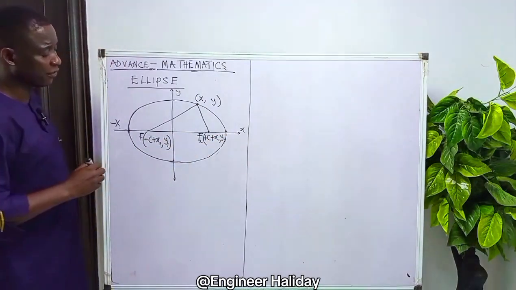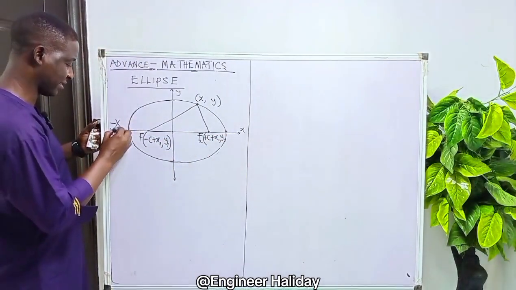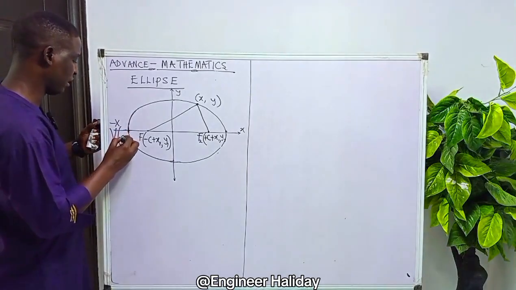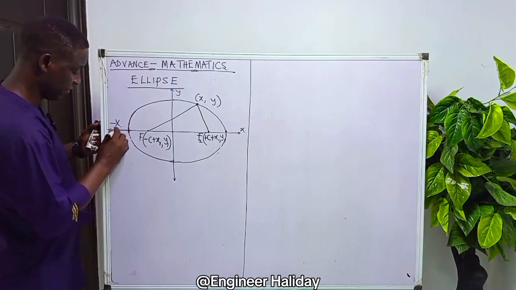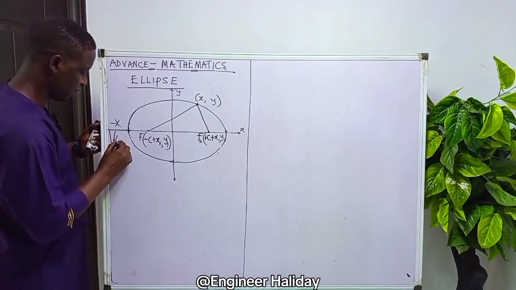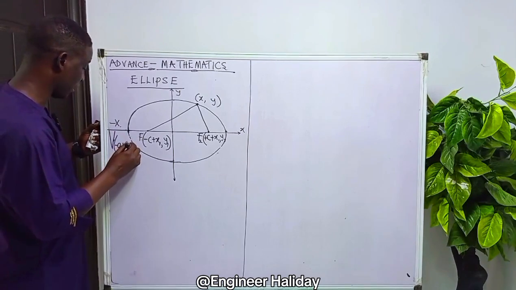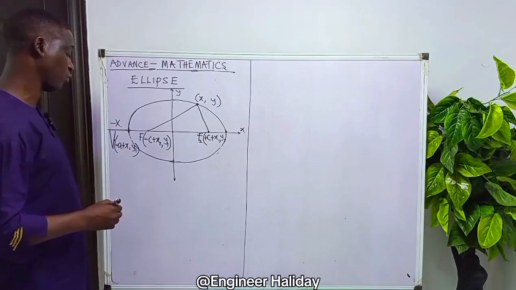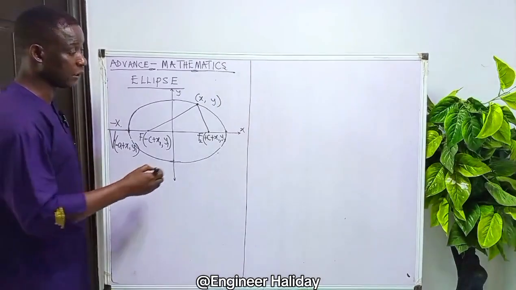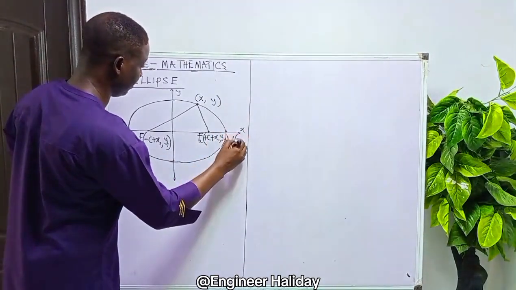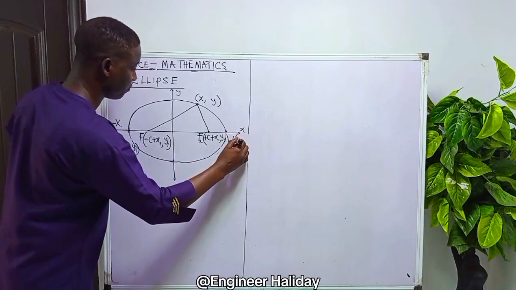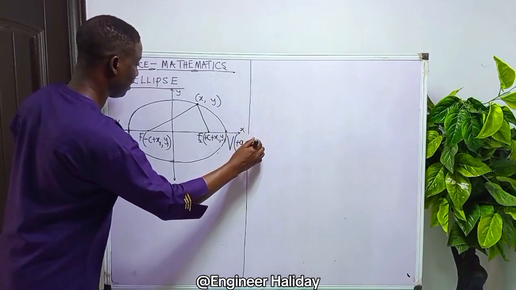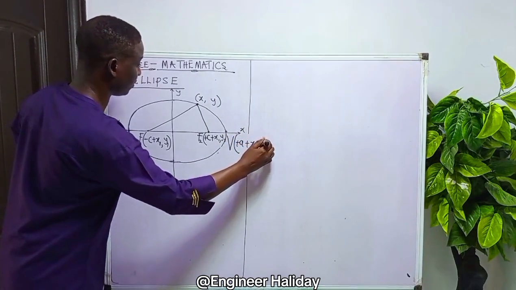Now if you have the focus, let's call this one the vertex. This one will be minus a, the vertex: minus a plus x1, y1. Let's call this one V, one of the major vertices, plus a, x1, y1.